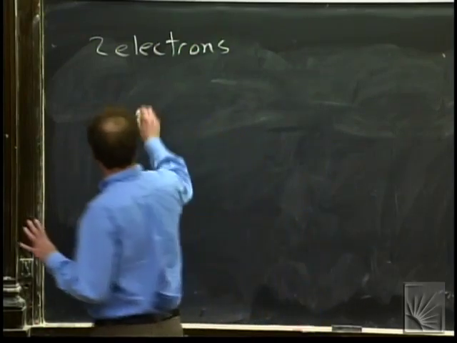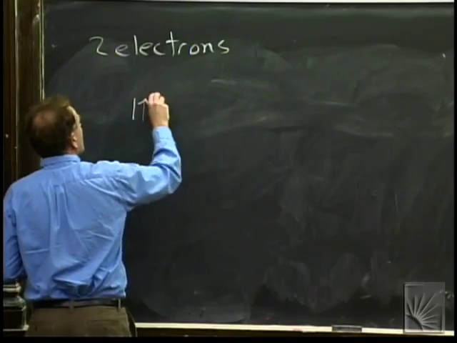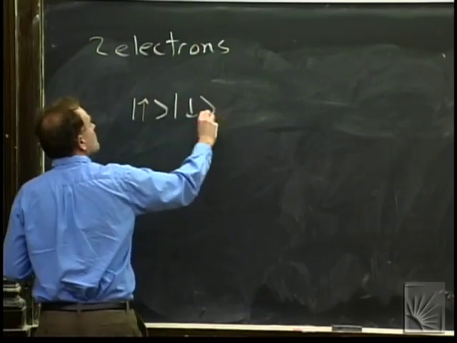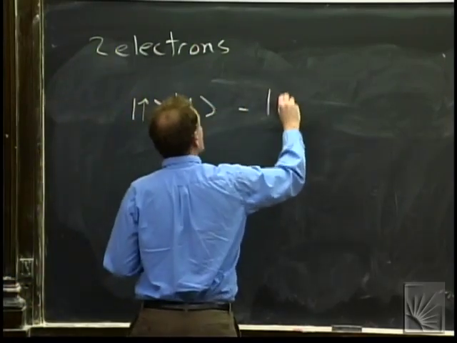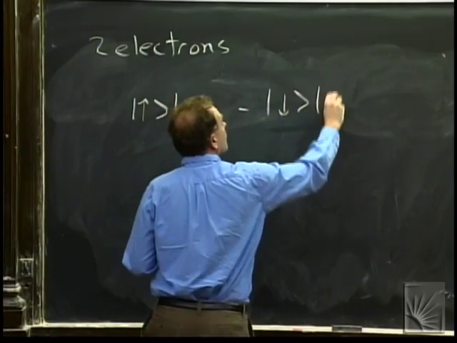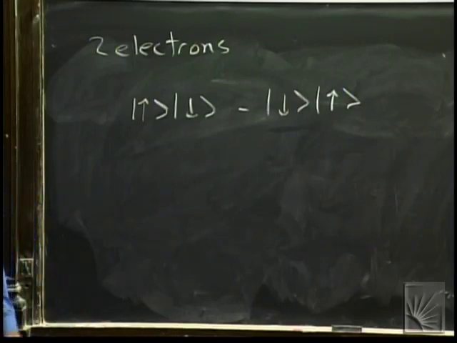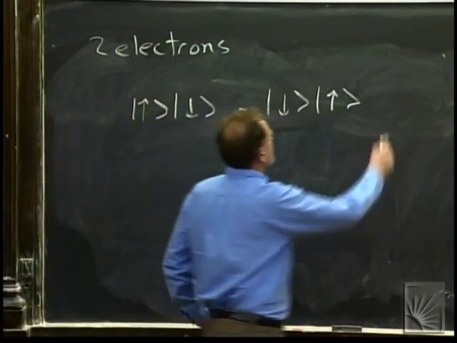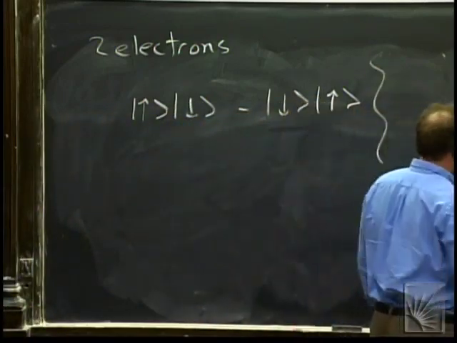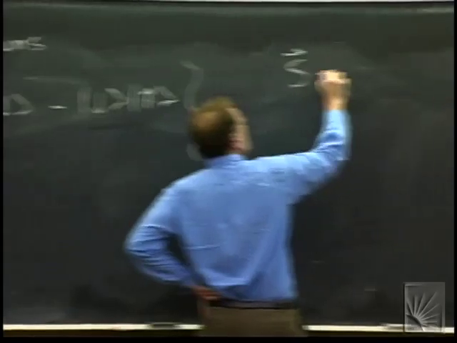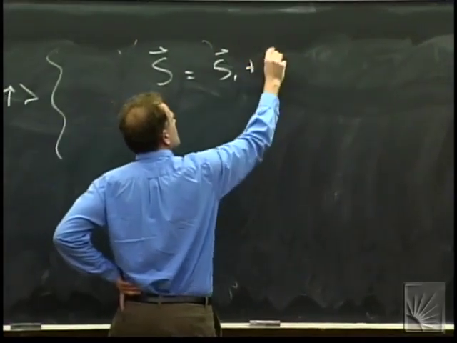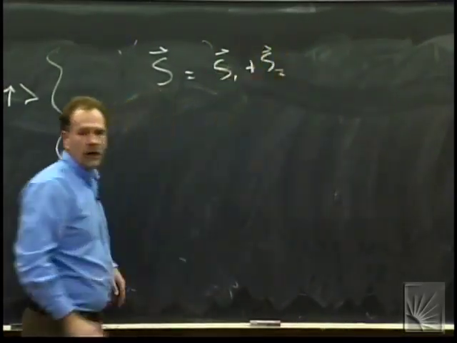I could think about creating an antisymmetric state of the spins. So that's an antisymmetric spin state, right? But remember, I also talked about combining angular momentum. So just kind of a different concept, right? I said, okay, so I should have a total S, which should be S1 plus S2, right?